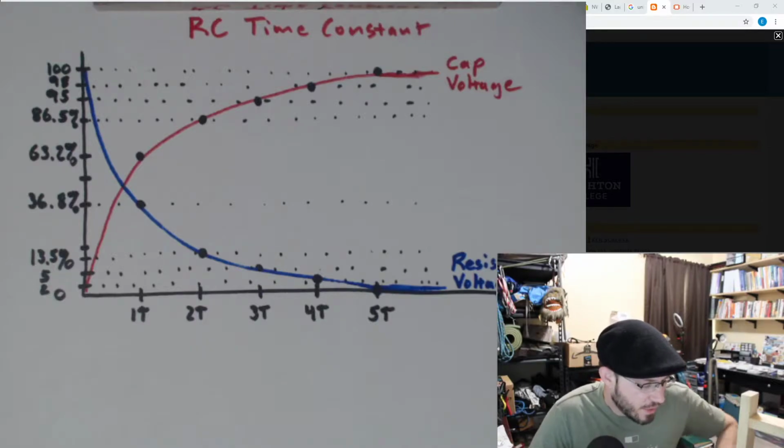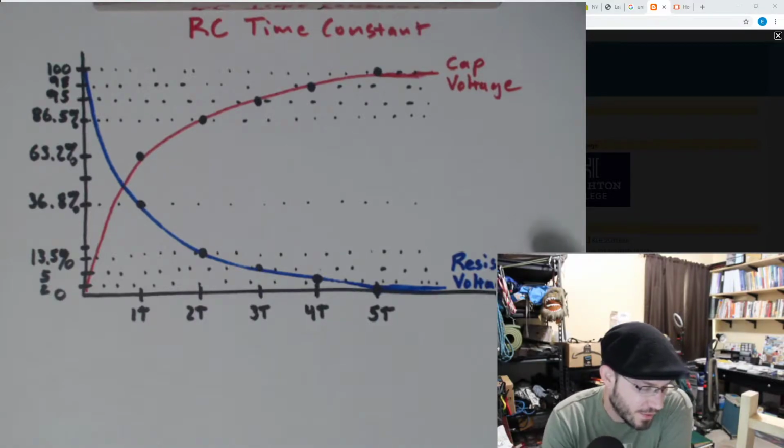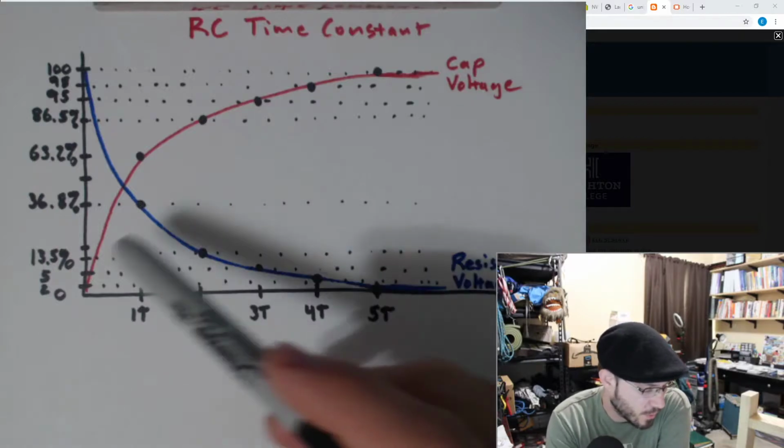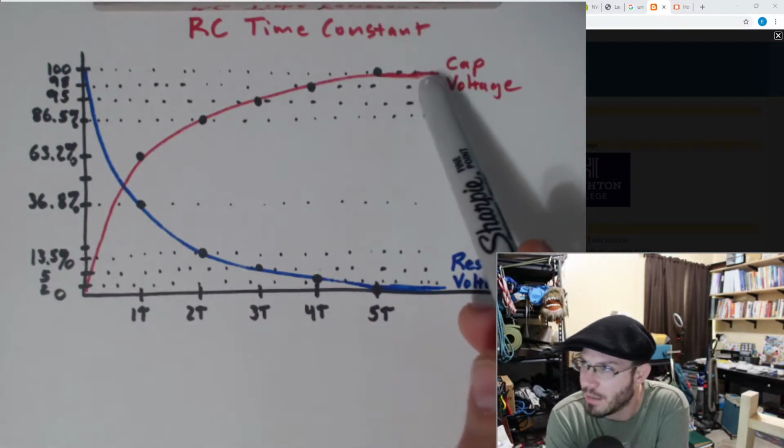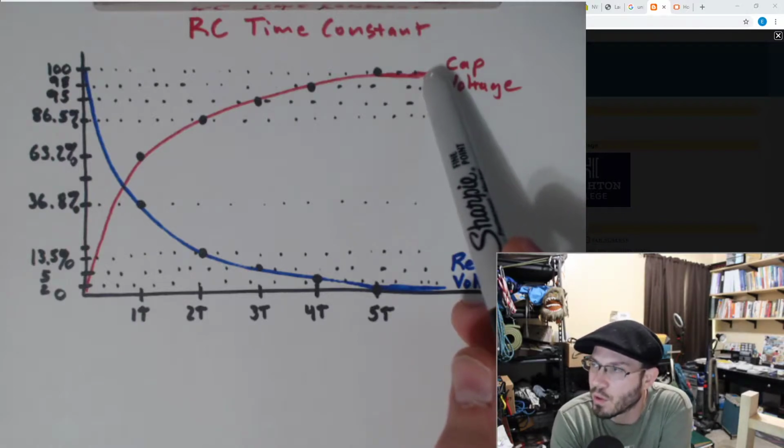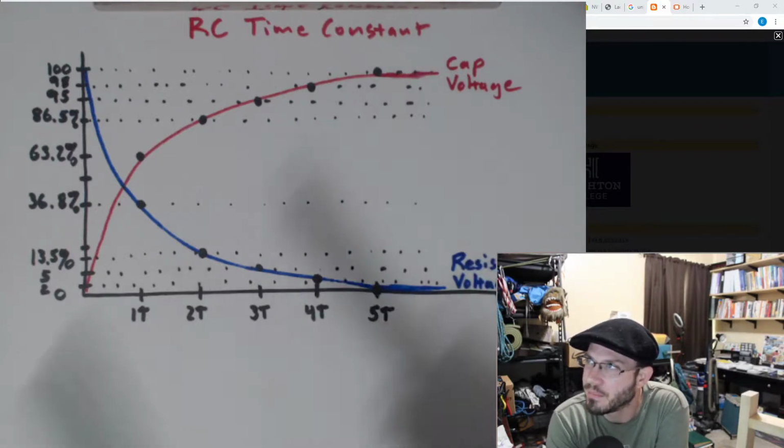Now, the rate of charging this cap, or developing that voltage across the cap, follows the same universal time constant chart that we used for looking at an inductor.